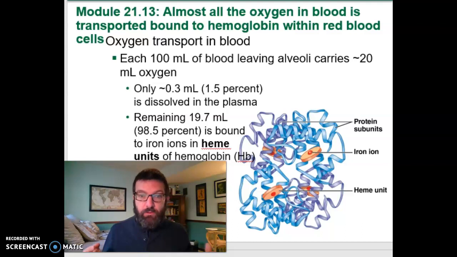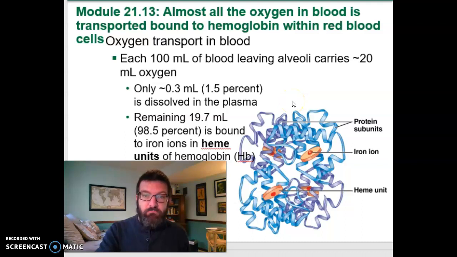So this is a nonpolar bond, and that means it does not dissolve in water very well, just like fats, lipids, right? So that doesn't mean it doesn't dissolve at all, but very, very little. So only about 1.5% of the oxygen that moves through your blood is actually dissolved in your blood plasma. You can't survive like that, right? So you need the rest, the 98.5% that is not going to be able to dissolve in your blood plasma, to be able to move through your blood somehow.